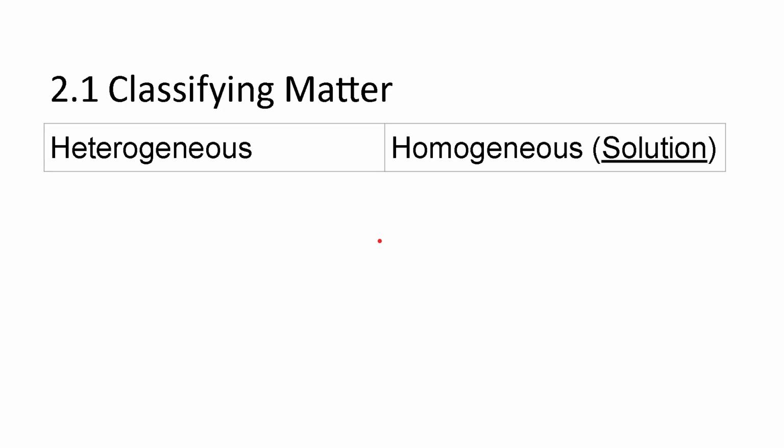Now, when it comes to mixtures, we're going to look at heterogeneous and homogeneous. The two biggest differences in class, we're going to be looking at these separately and try to come to a vocabulary word together.